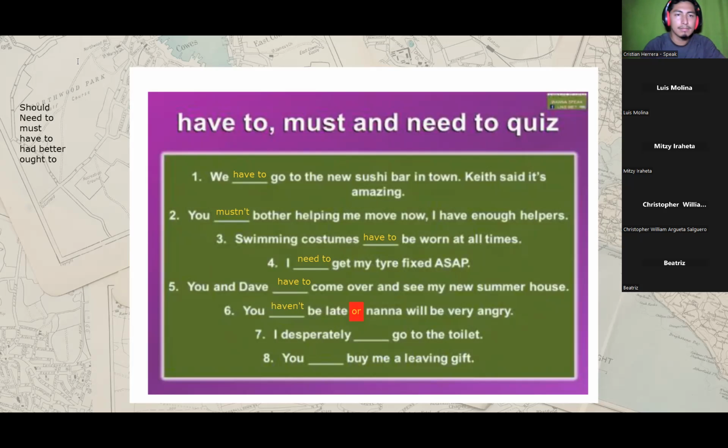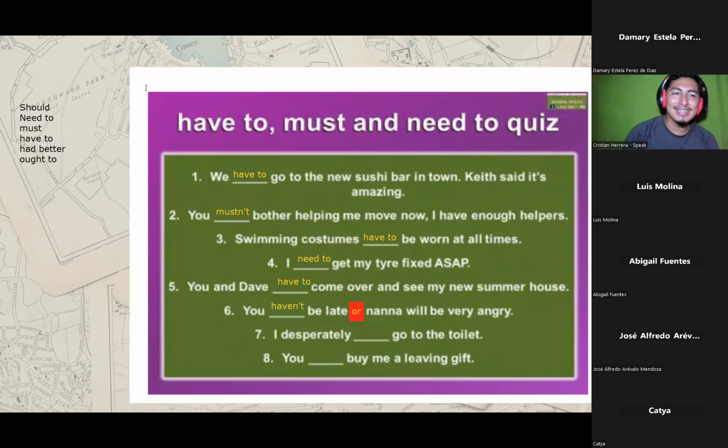Podría ser: You haven't be late or Nana will be very angry. Okay. Tengo dudas. No problem. Okay, we will check in a moment.